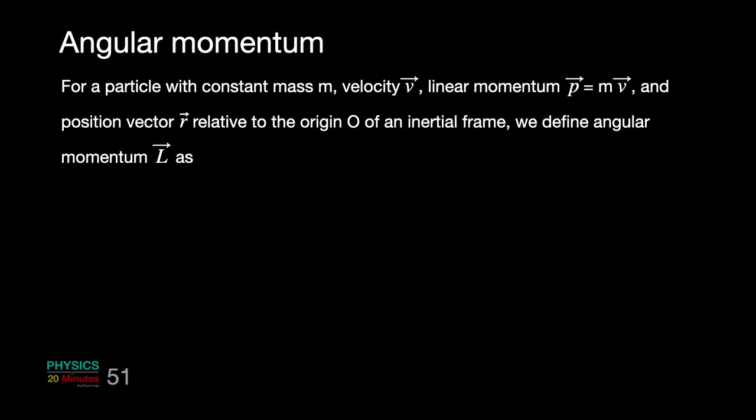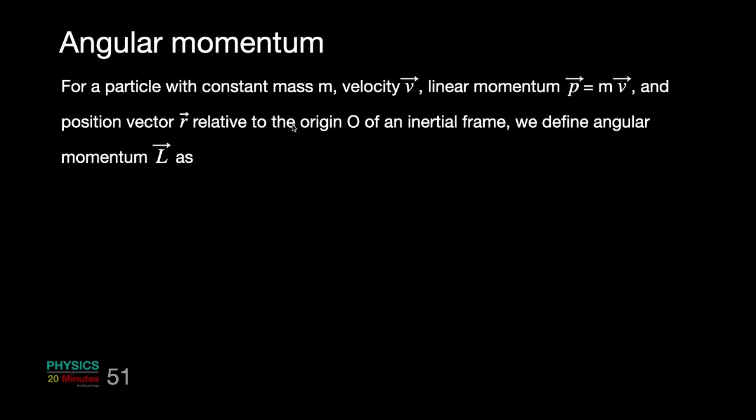You know what is linear momentum? Linear momentum of a body is defined as mass into velocity. So if you have a body of mass m moving with velocity v, linear momentum is p is equal to mv.